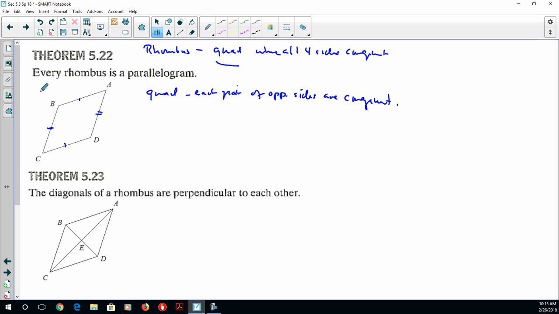Okay, we've got a rhombus. So I know that AB and CD are congruent, BC and AD are congruent. Everything's congruent sidewise. Let's write this down: AB is congruent to AD.